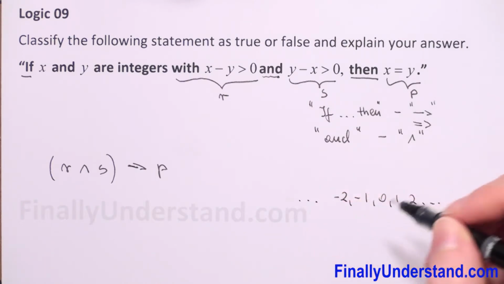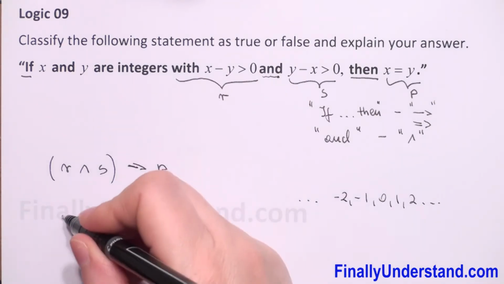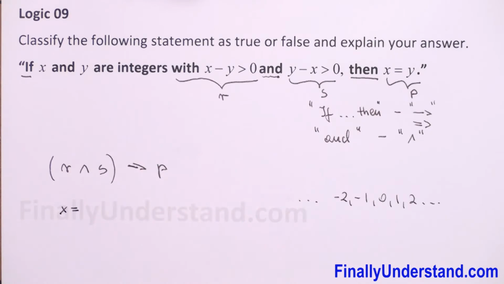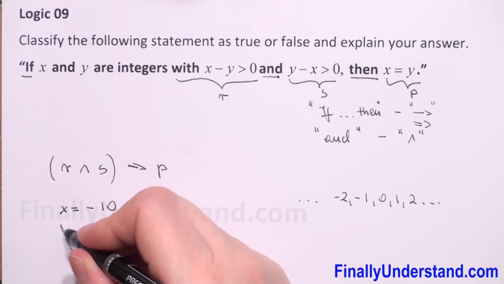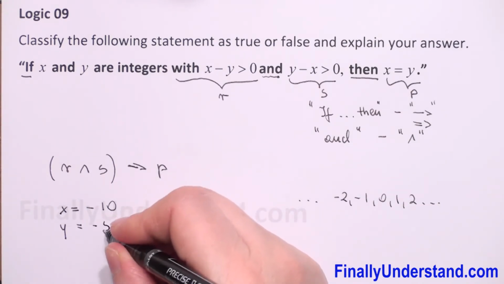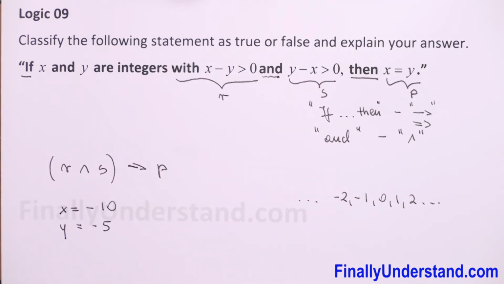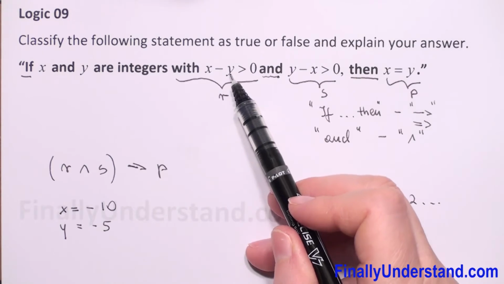We're going from negative infinity to positive infinity. So let's choose two numbers. For example, for x we can put -10 and y will be -5.